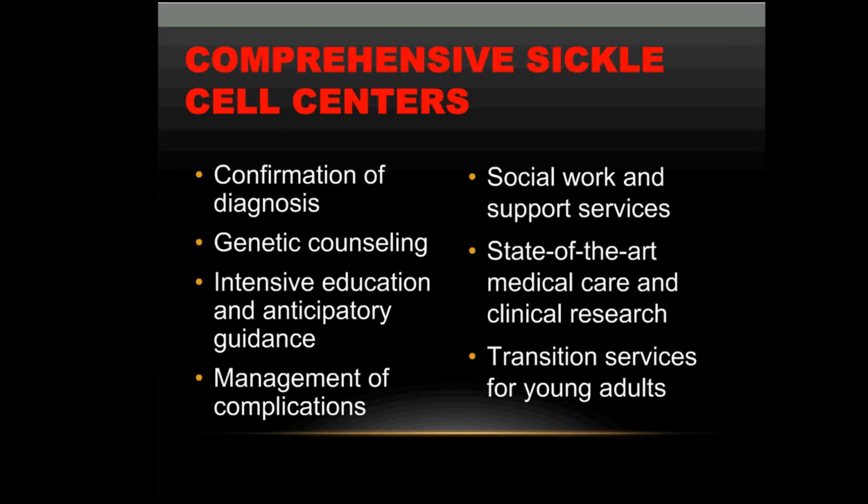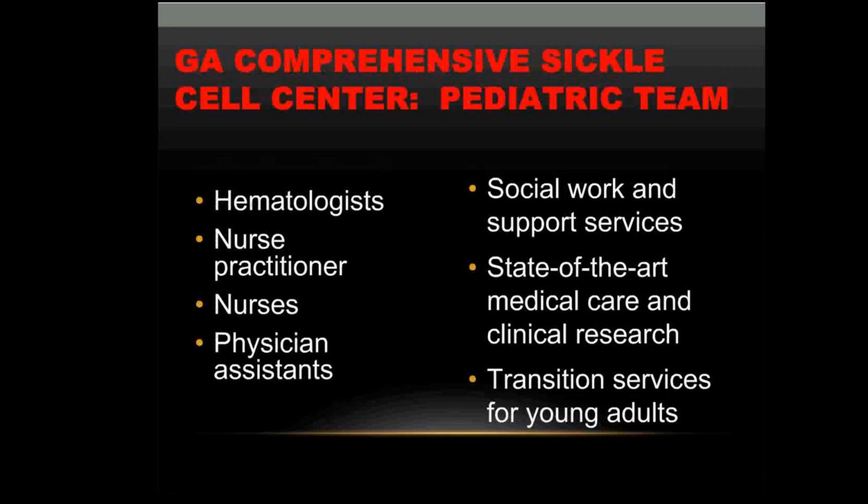So you have to think about transition services. It's not like you're just trying to keep somebody alive through their teens and not thinking about how they are going to be managed in the future, what other conditions they can possibly have just because of aging. That kind of thing.